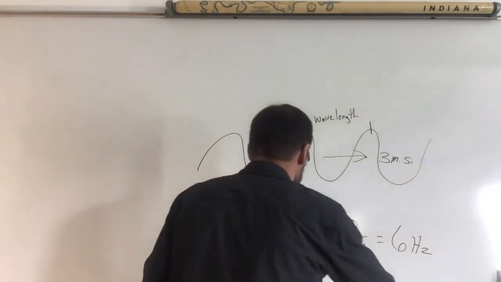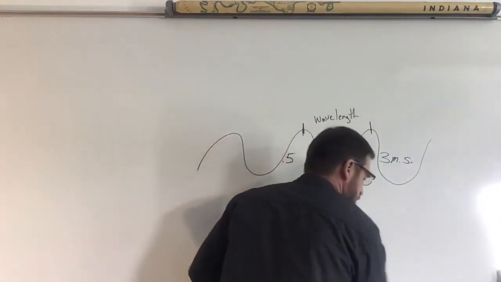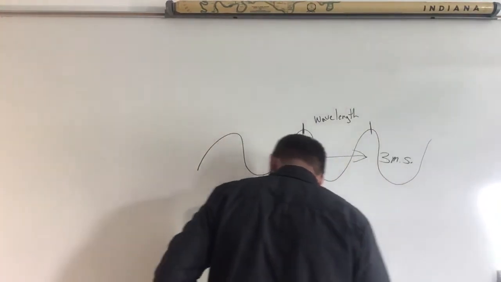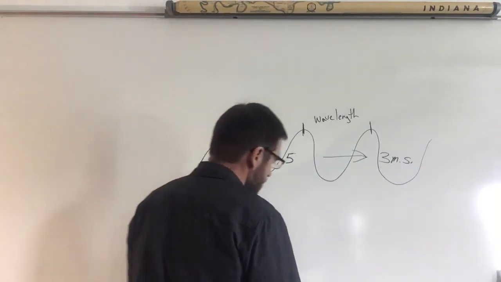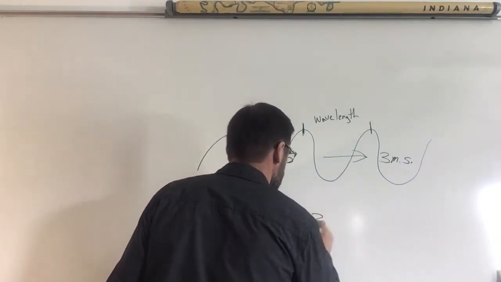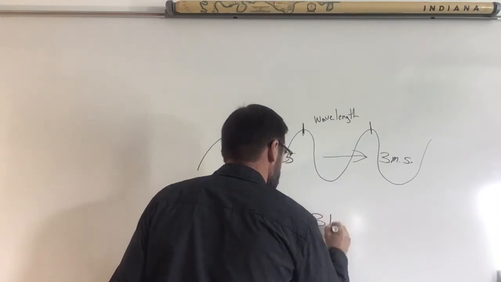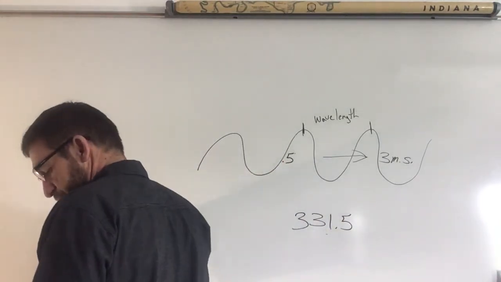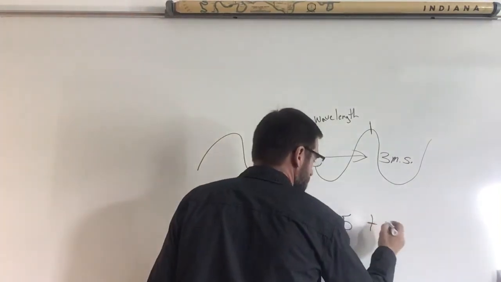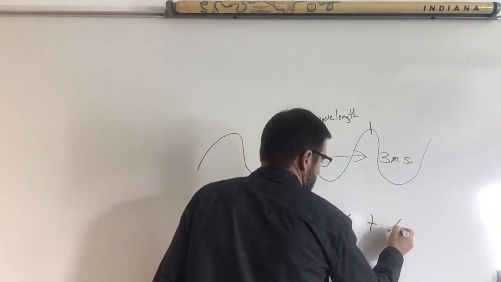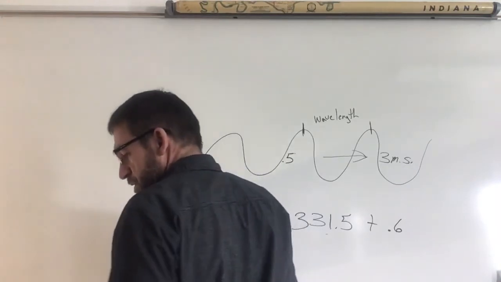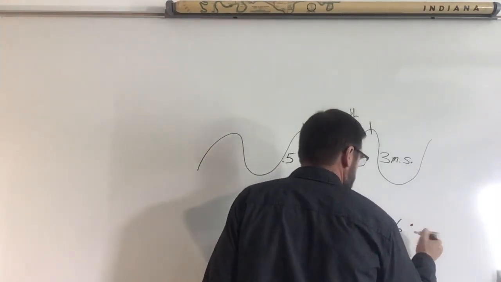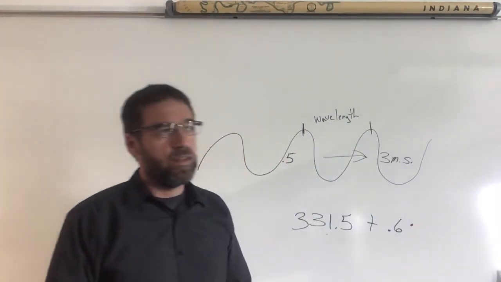Talking about the lightning, I will erase this. 14.3: 331.5 is always the figure, plus 0.6 times the degrees.